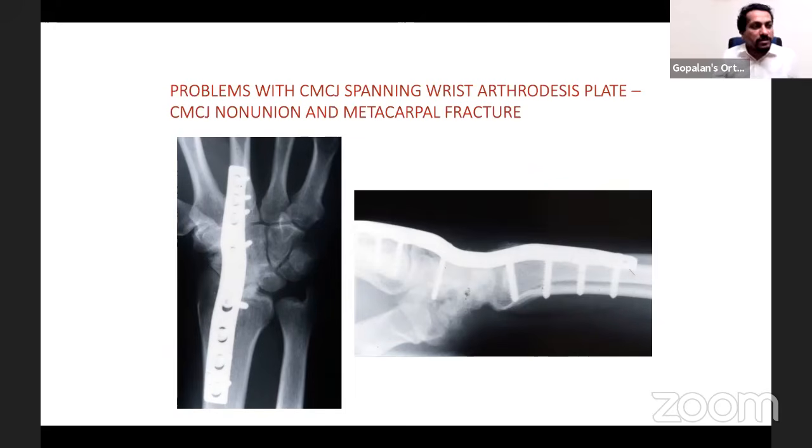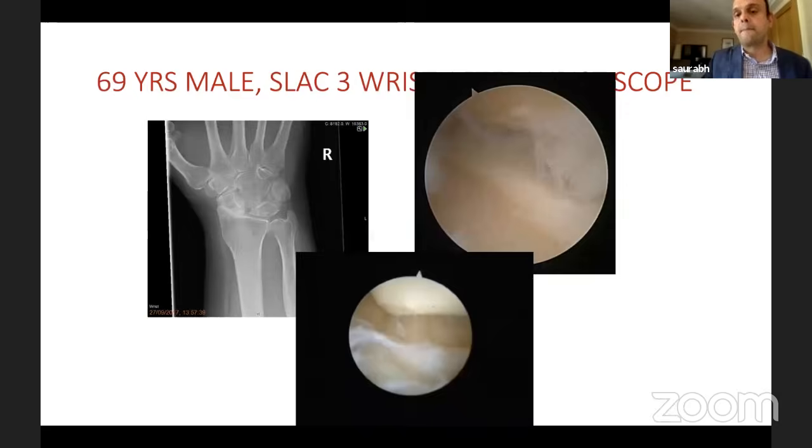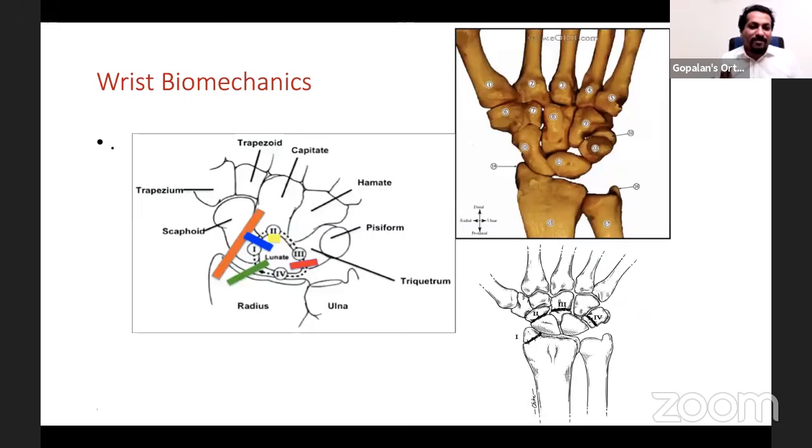Okay, so there are some questions, Saurabh, that have come in. First of all, the moment you say stage 3, that means the capitolunate joint is involved, right? Yes. That's the Watson classification, 1, 2, 3, 4, if I'm right. Correct.